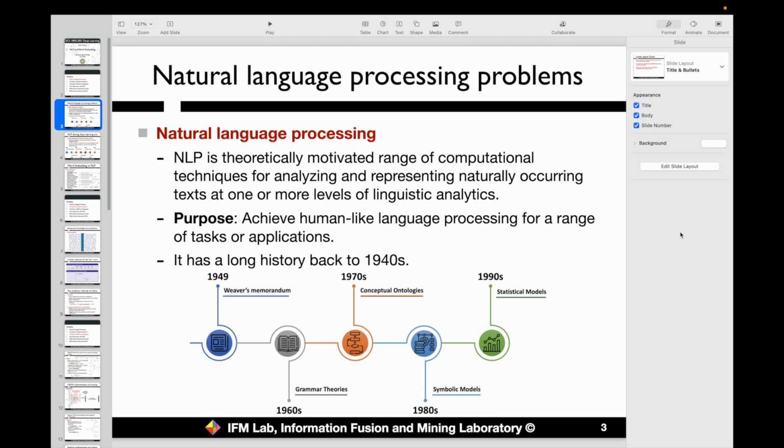In the very beginning, we had very simple, also very trivial methods for dealing with natural language processing problems. Initially, these techniques were mainly motivated by studies in linguistics. If we borrow some knowledge from domain experts of linguistics, then we can further model these kinds of rules in linguistics in our computational models. Following that, people proposed to study some grammar theories as well as conceptual ontologies in the language.